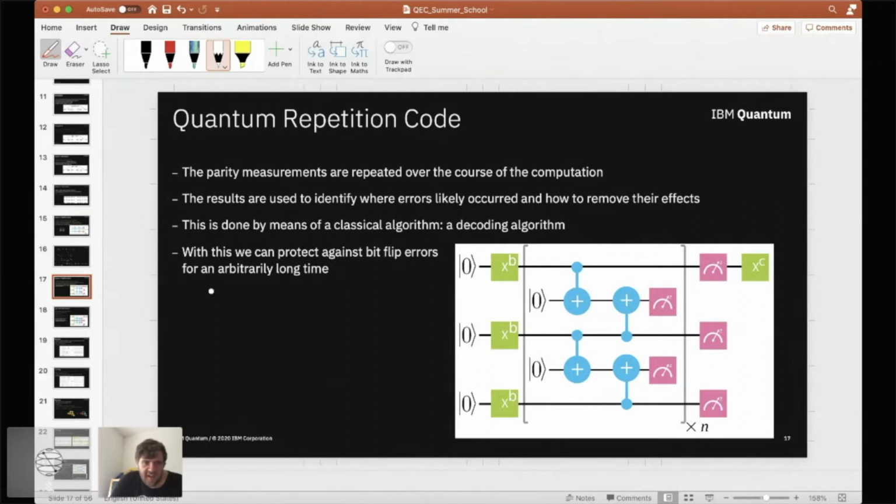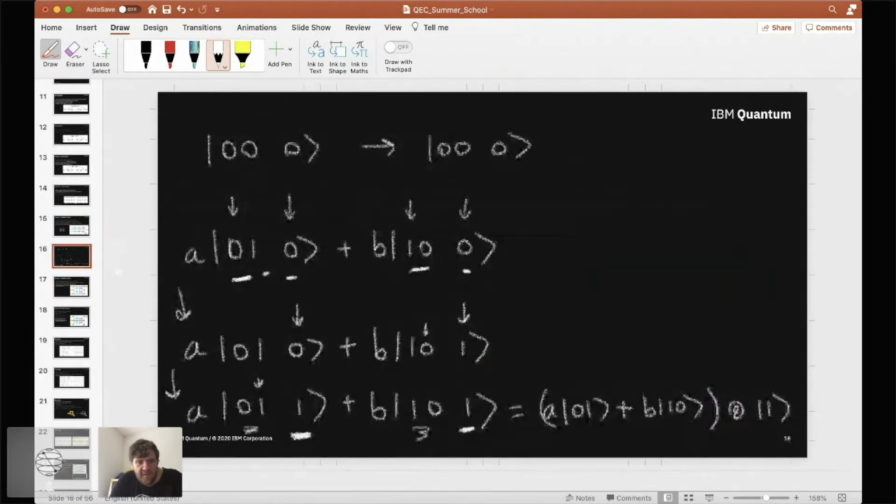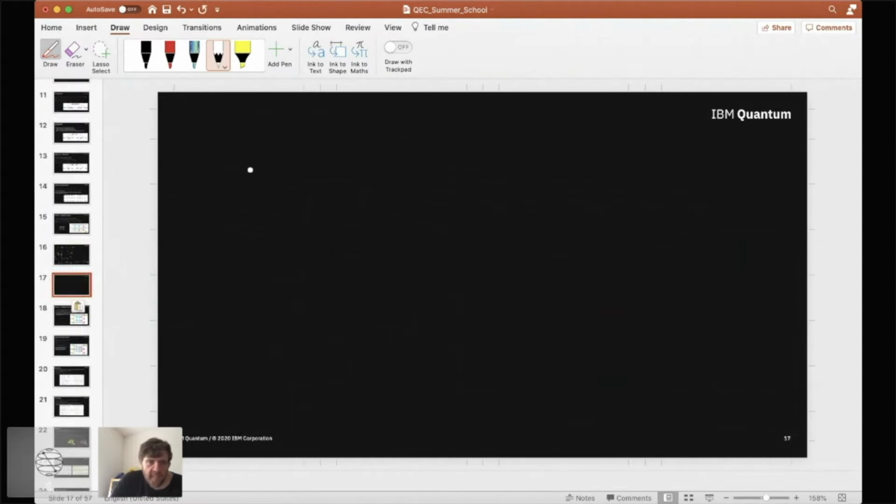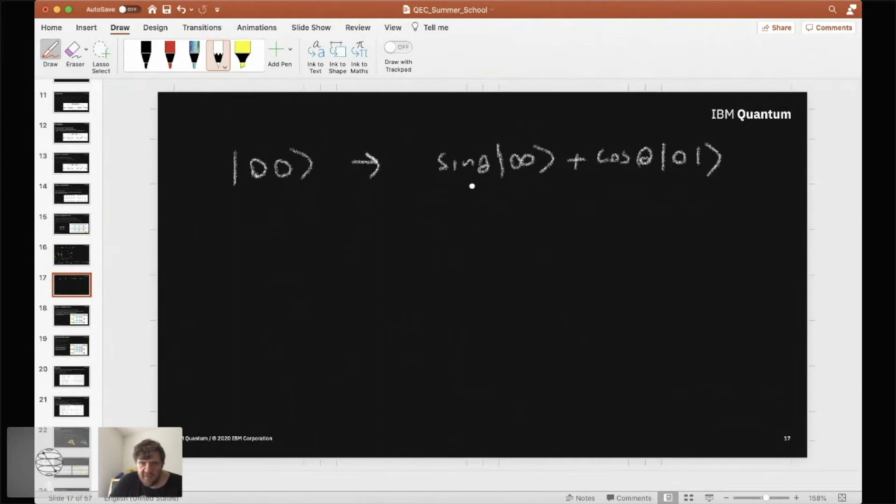Actually, it's more likely that we would get not a bit flip, but something like this: when we're supposed to have, say, 0, 0, we have a rotation which makes this some sort of, let's say, sin theta |0,0> plus cos theta |0,1>. And if theta is 0, then this is close to |0,0>, but with some small perturbation of being |1,1>.